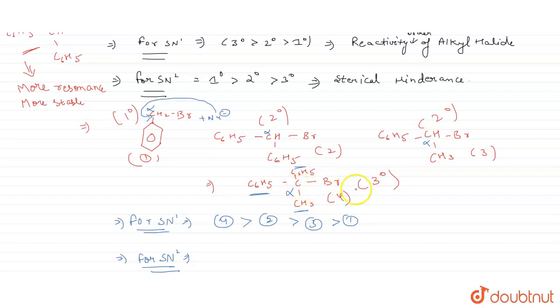So in the 3 degree alkyl halide, there is more difficulty for the nucleophile to attack from the back. Okay, so in case of SN2 mechanism, 3 degree will be least reactive and 1 degree will be most reactive.